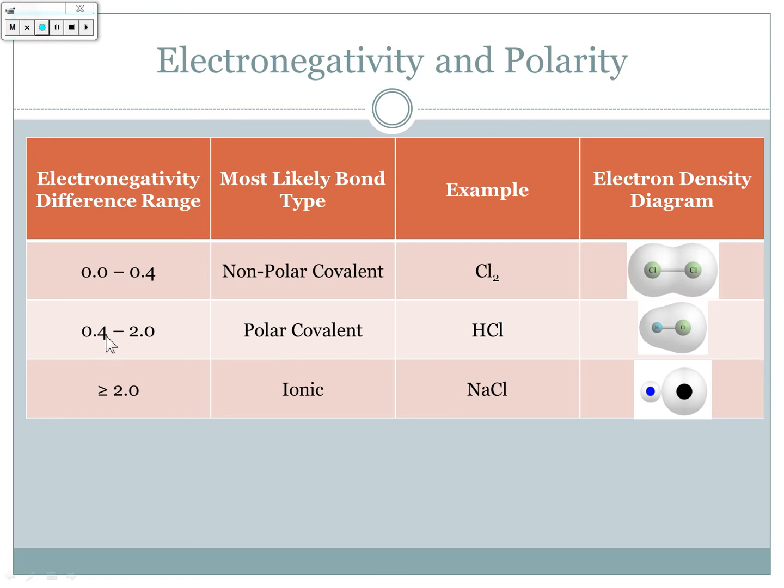For a difference between 0.4 and 2.0, it's going to be a polar covalent bond, like HCl, the example we showed, where hydrogen had a slightly smaller electronegativity than chlorine, and so chlorine attracts more of the electrons than hydrogen. And if the electronegativity difference is greater than or equal to 2, it's going to be an ionic bond. If one of them likes the electrons so much more, it's actually going to steal the electrons, and it's going to become an ionic bond where one donates and one accepts electrons.